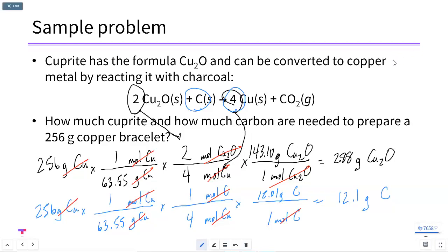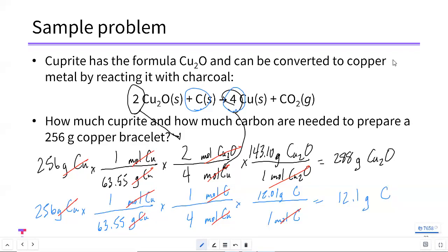So when we talk about stoichiometry, it's very easy to get brought up into thinking that this is a lot more complicated than it actually is. You've done this calculation. You just haven't done it this way. The only thing that you didn't know was this conversion here in the middle that linked together the two substances.